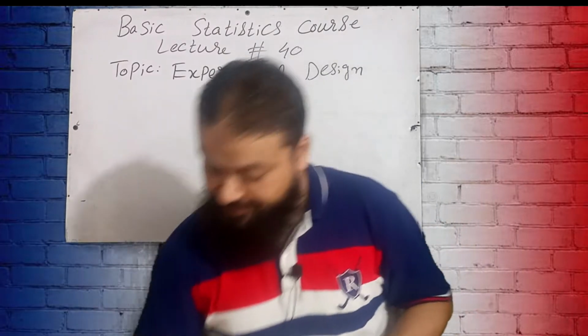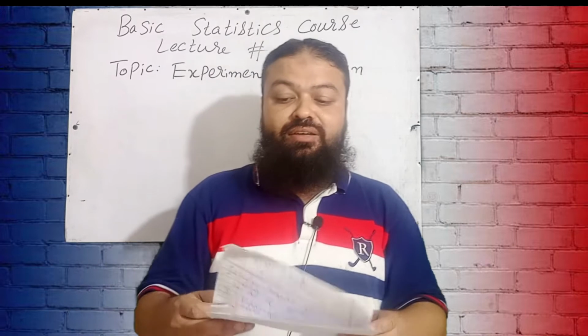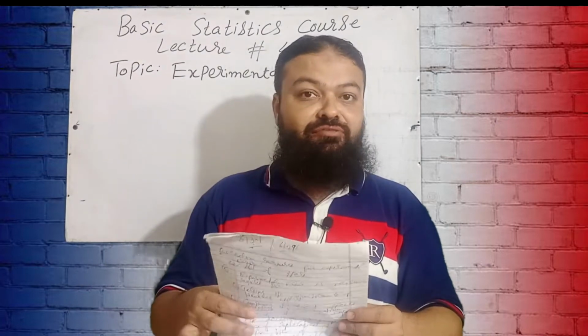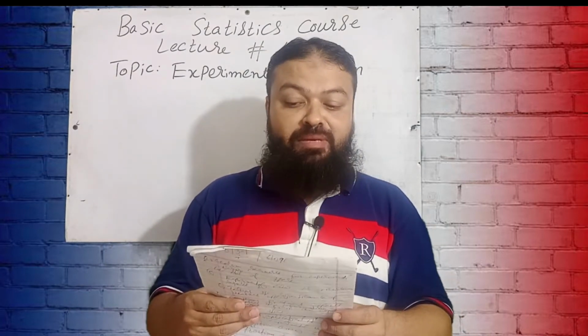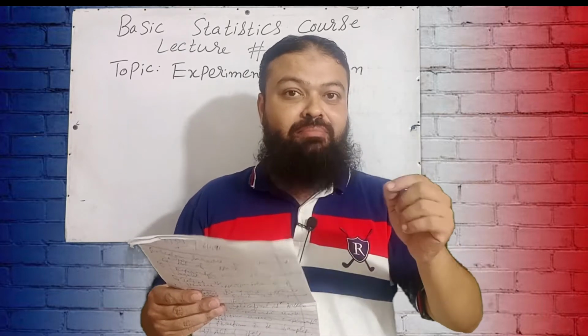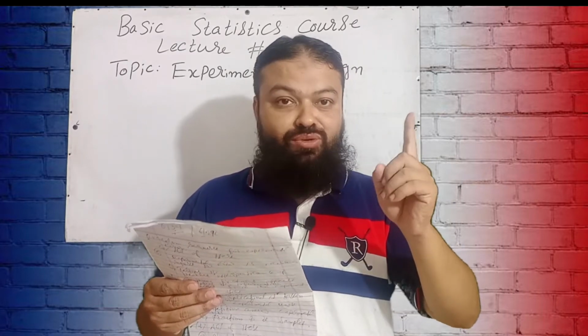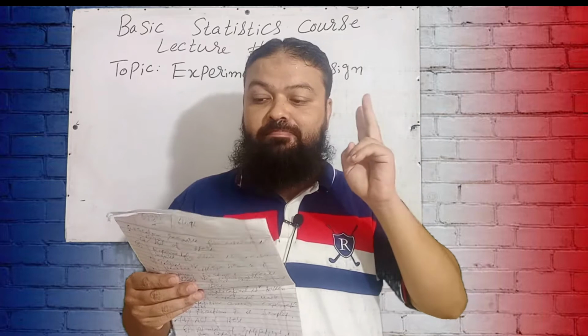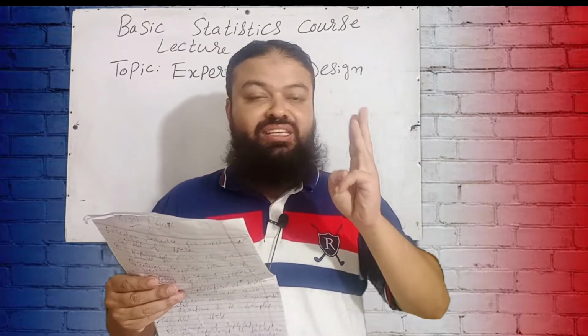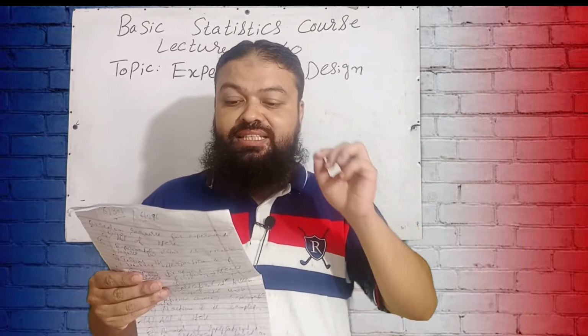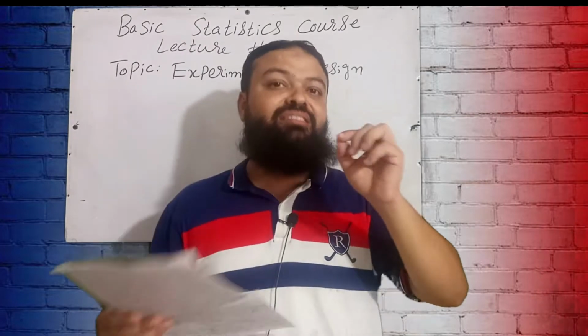Let's start. Question number 1 is, which one of the following is one basic principle of the design of experiment? A, confounding, incorrect. B, compounding, incorrect. C, sampling, incorrect. D, error control. That is the correct one.